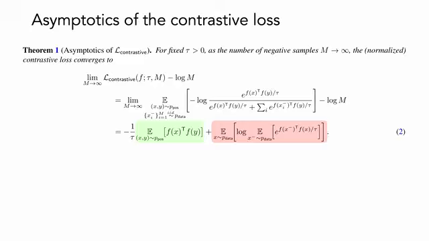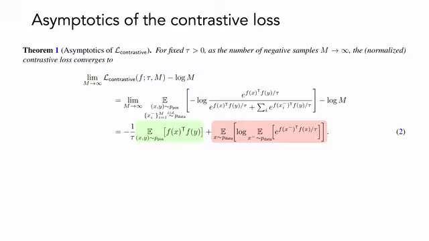Then you can reformulate this to get basically the combination of two different terms that are expectations. We're putting them here in green and in red because the first component of this gets minimized if every single point of the same category has the exact same embedding, right? So essentially, if the distance between positive pairs is just 0.